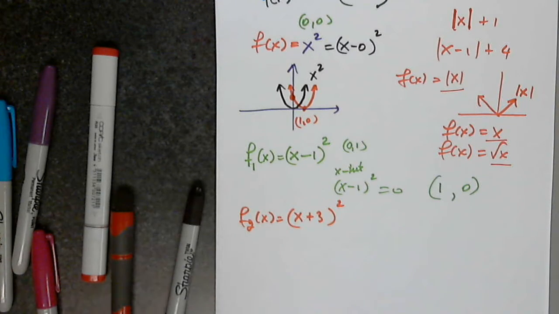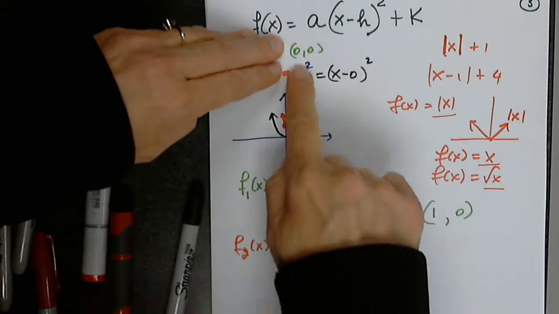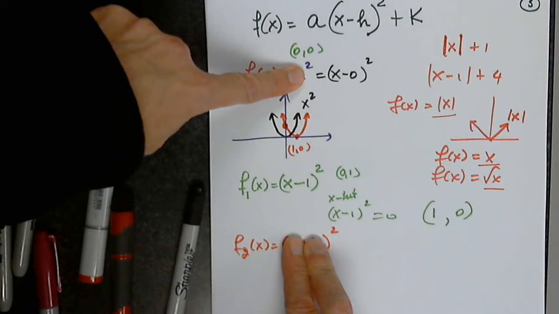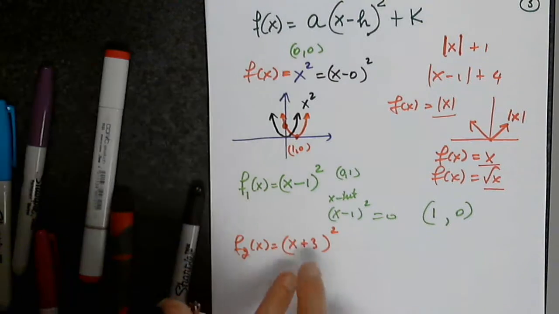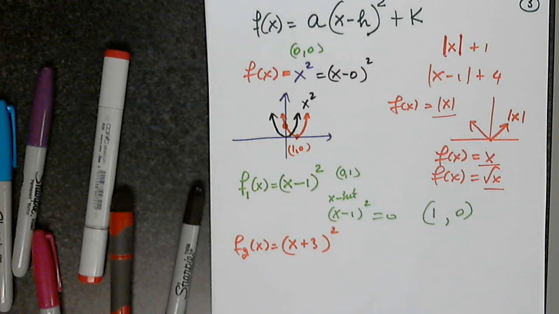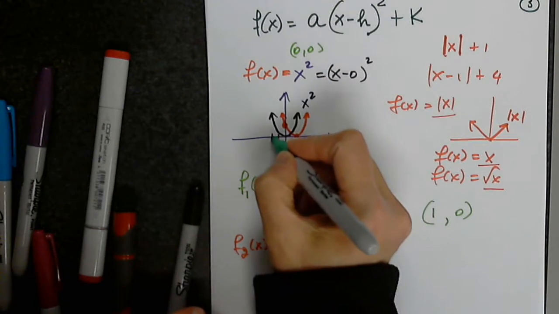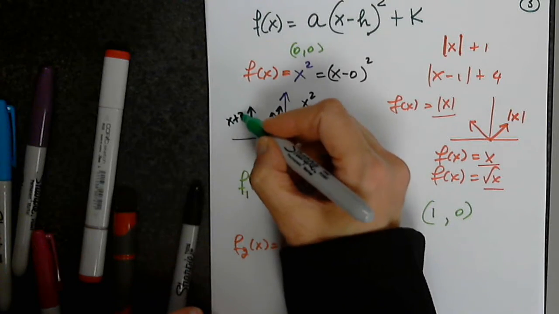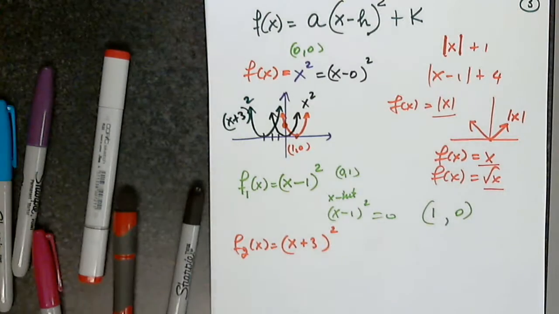I'm still changing x. It's the same type of function, something squared. But this is x minus 0, and this is x plus 3. Where will this function go? Yes, because it will be 0 when x is negative 3. That's the reason why it moves 3 to the left. So this function is x plus 3 squared. Perfect.